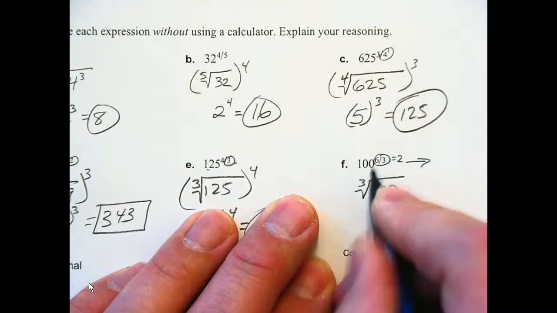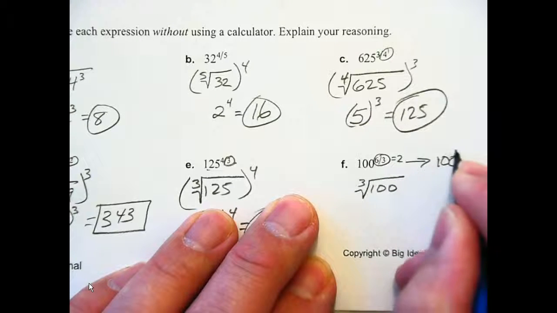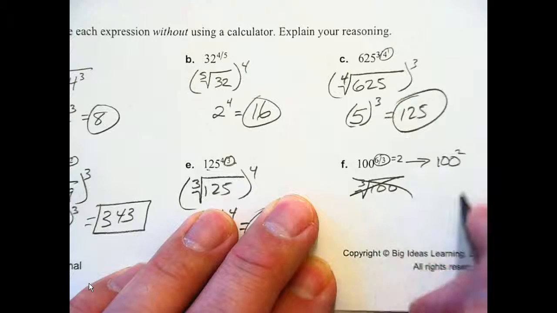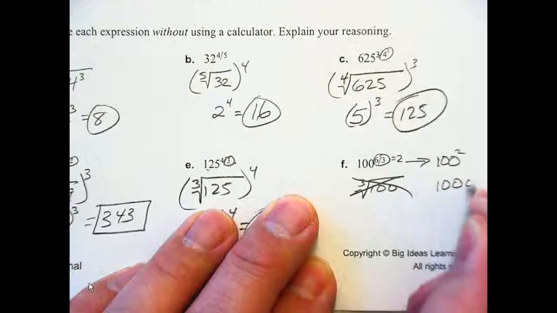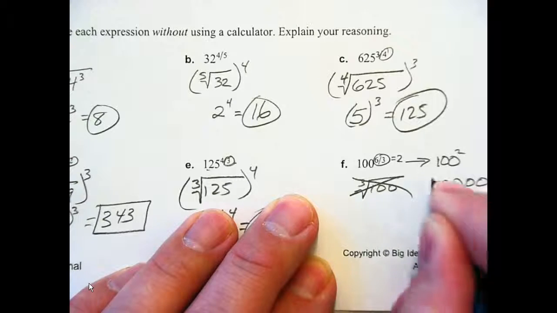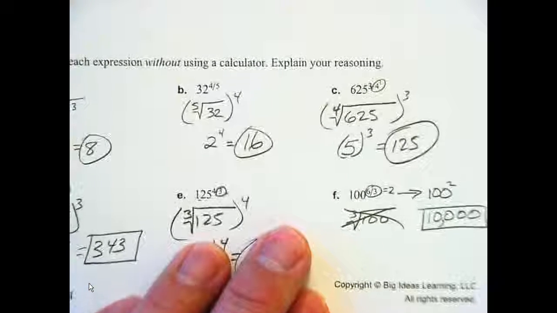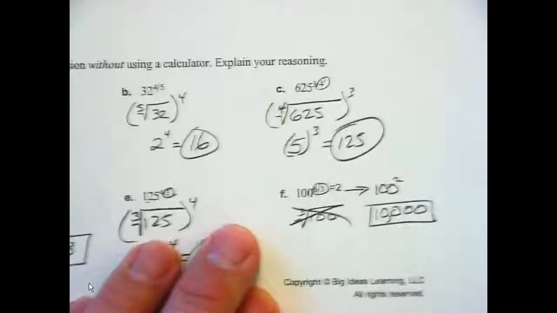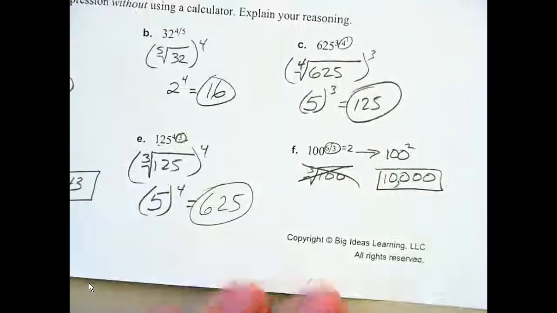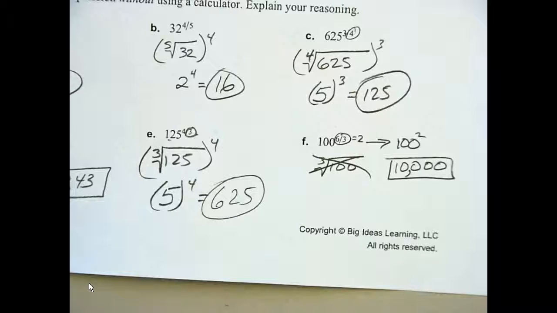Yes, that simplifies. 100 squared. Well done, Kai. Yes, simplify the 6 divided by 3 to get 2. Gives you 10,000. Woohoo!